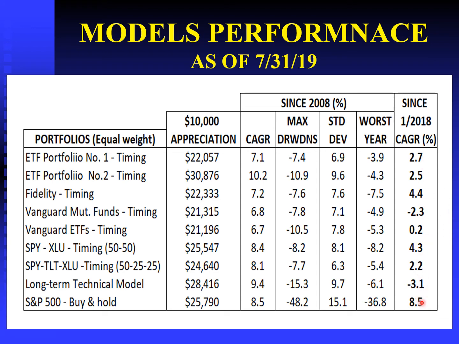Of course, what you have to keep in mind is that all these models offer the safety of much lower drawdowns in case of a market decline. So hopefully this helps you understand how you use these models and how it's going to help guide you in setting up your portfolio.